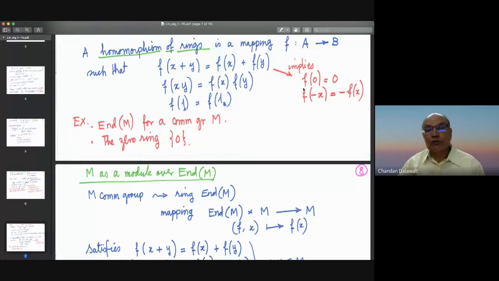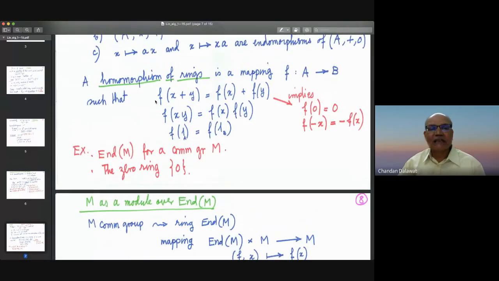Of course, you could also say that it should take 0 to 0 and minus x to minus f of x. F of minus x should be minus f of x. But that's automatic. If it takes x plus y to f of x plus f of y, then these things are automatic, as in any homomorphism of additive groups.